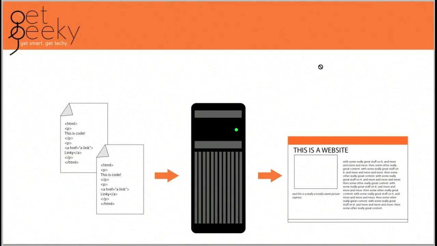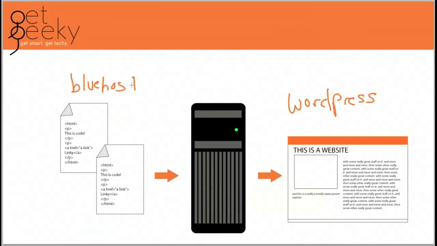And just to clarify, the website is what's driven by WordPress, and the files are what's hosted by Bluehost. So I hope that gives you a little more clarification on the relationship between the two. Now we're going to go over and walk through the process of setting that up.